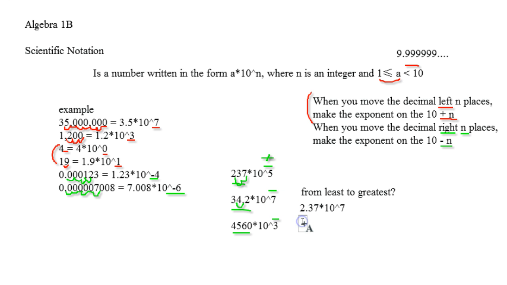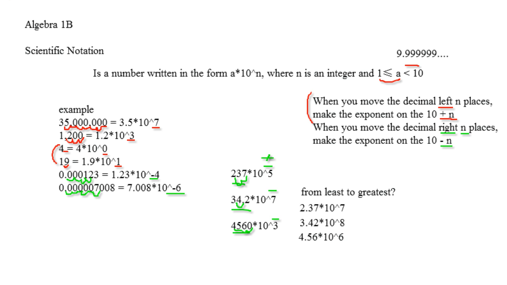That would become 3.42 times 10 to the 8th. And this one, even though it looks like it's the biggest number to begin with, we move 1, 2, 3 spots. So I add 3 to the 3, and this becomes 4.56 times 10 to the 6th. You can leave off the 0 if you want, it's just significant figures.